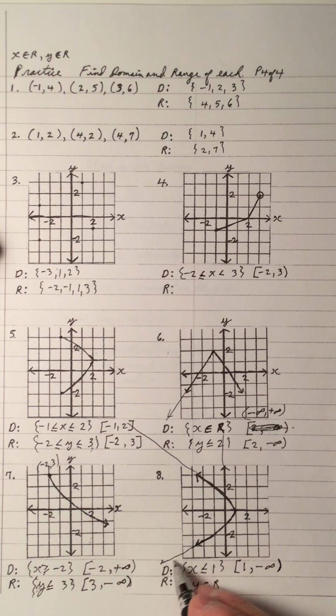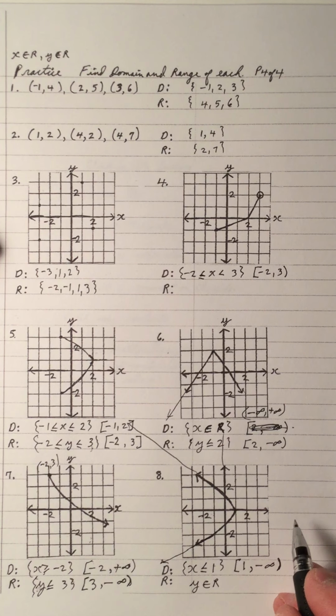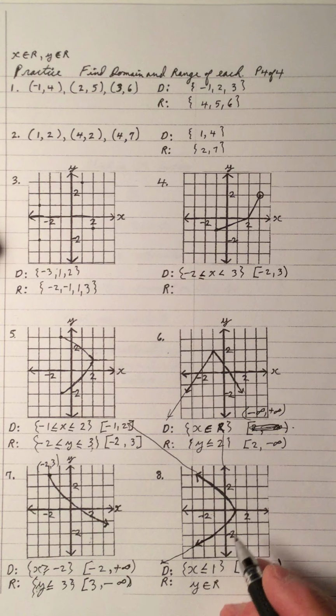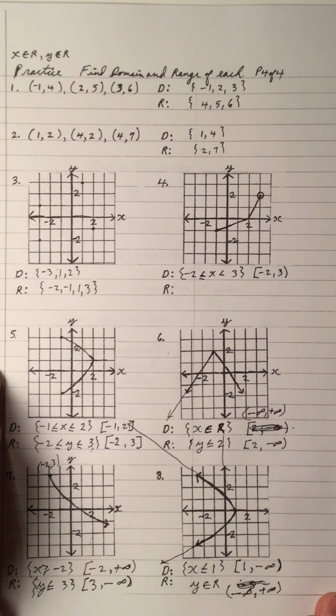If you drew this graph on a bigger sheet of paper, put it on the floor and kept drawing it, you would cover all the y's. So the y's are reals, negative infinity to positive infinity, open, open.